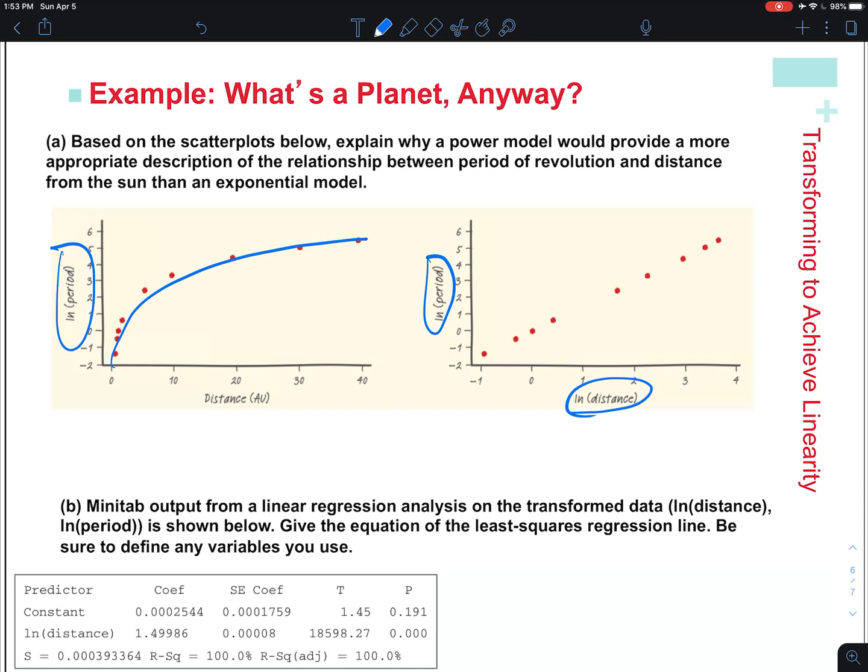This is what we call a power transformation, and this one is exponential. The reason we call this one exponential is because it worked for exponential relationships: just logging y was the fix. For anything else, you're going to log both, which is called a power transformation, and hope for the best. And clearly that seems to have worked here.